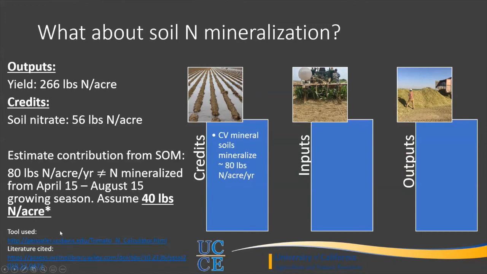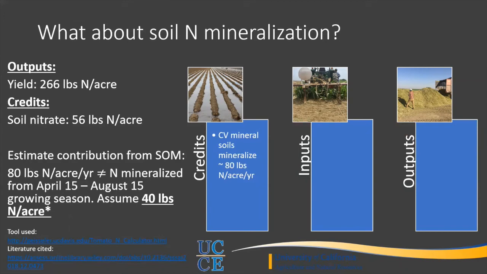Now, based on a tool that my colleague Daniel Geisler has created, a tomato nitrogen fertilizer calculator, and you can find access to that tool by following the link on the bottom left corner of this slide, we can assume that between the dates of April 15 and August 15, of that 80 pounds we would expect to mineralize per year, we're only going to get about 40 pounds of it within that window.